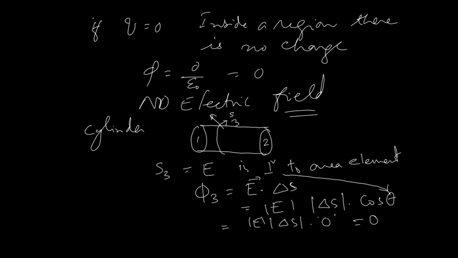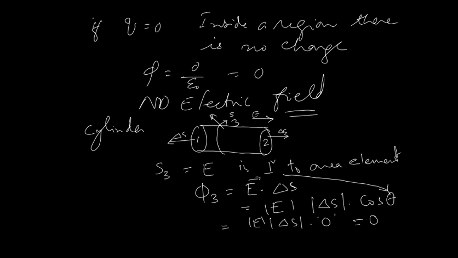Now for surface 1 and surface 2. For example, always that perpendicular, right? The delta S is outside only. This is the delta S for this. For this surface, delta S will be this side. Let us suppose we consider E is going this side. Electric field is going this side. If E is this side, this is parallel to that.